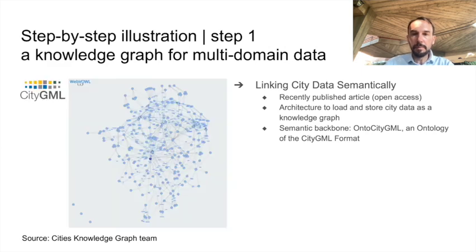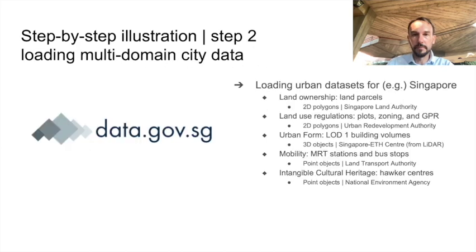This image shows a bubble diagram of all concepts in our OntoCityGML ontology and their semantic relationships. It is semantically rich, which means it's highly interconnected. Now we want to load multi-domain city data.